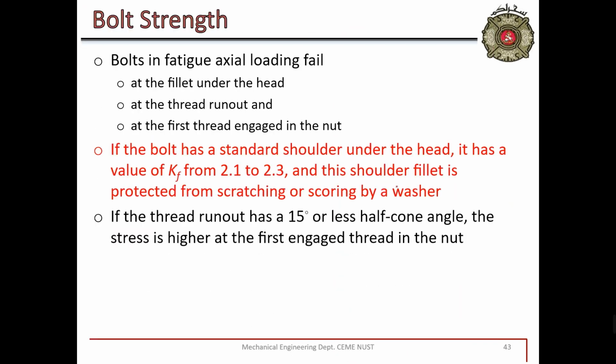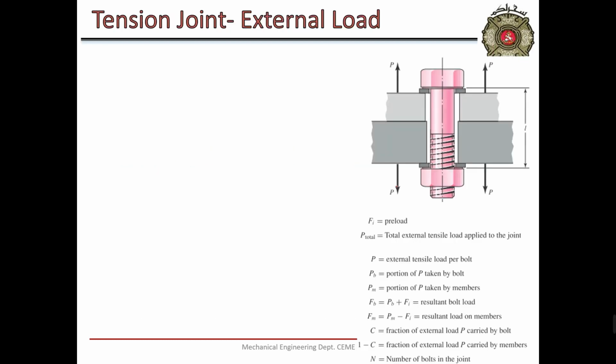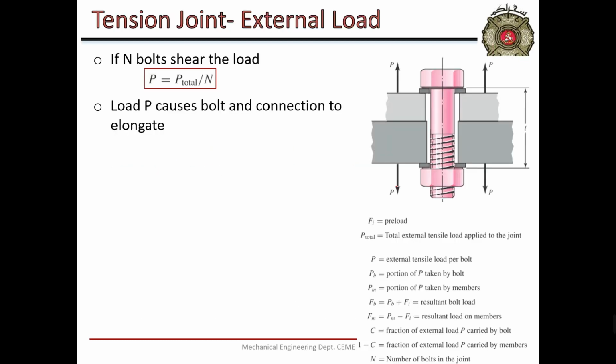Then we have used some tables. Simplest possible case: if you have a joint, say you have this load, an applied load of 10 kilonewton, and to hold it you have 10 bolts.